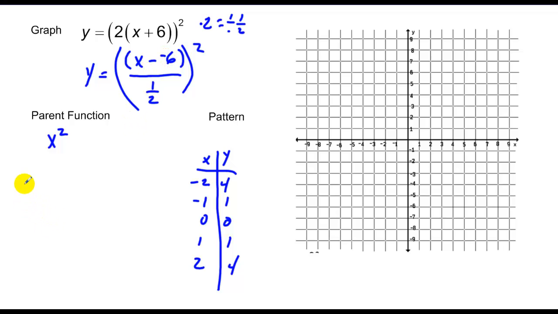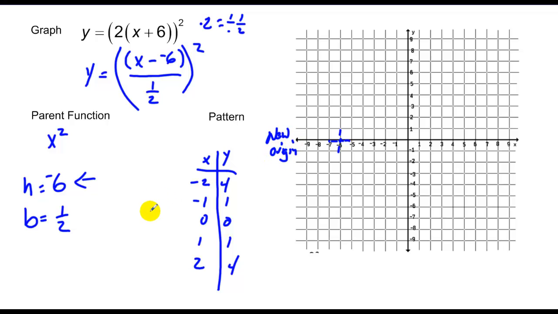So I know h is 6 with a negative type, which means it's going to move to the left, and I have a b value of 1/2, which means all my x values are going to be squished in by a multiple of 1/2. So once again, I'm going to go back 6, like so, and call that my new origin.